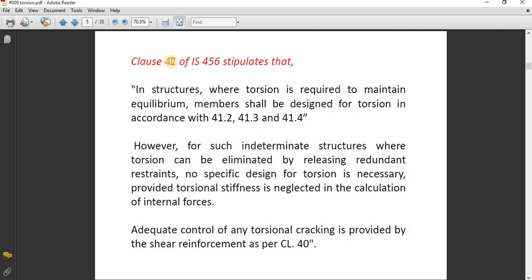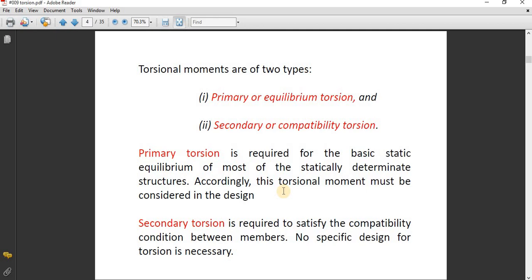You can see clause number 41 of IS 456. We are going to discuss what that clause says, how we are going to design, and how we are going to calculate the torsion, further on.